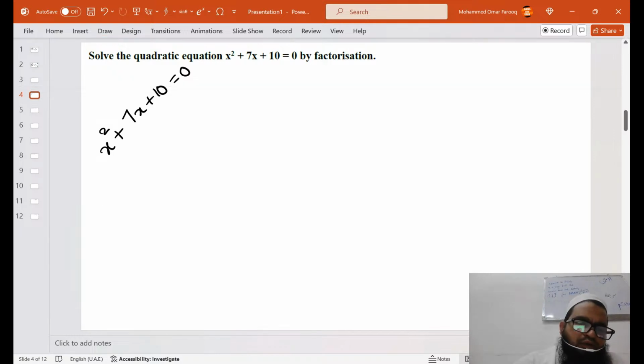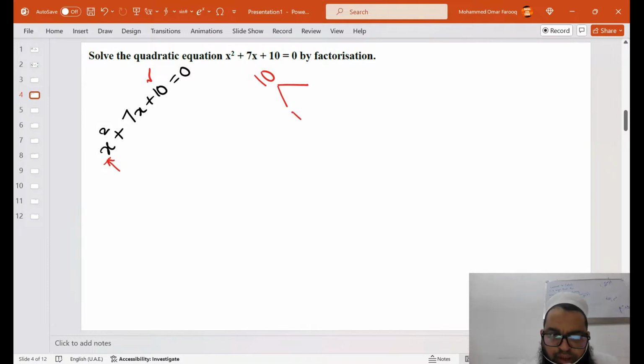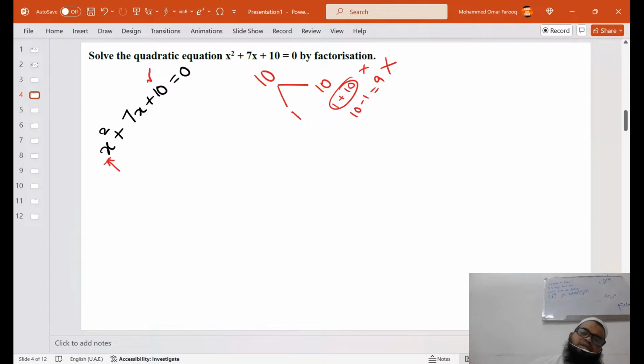If the coefficient of x square is 1, then directly take the constant and factorize. So we know 1 tens are 10. When we add, 1 plus 10 is 11, and it doesn't satisfy the middle term. When we find the difference, it is 9, but this also does not satisfy.